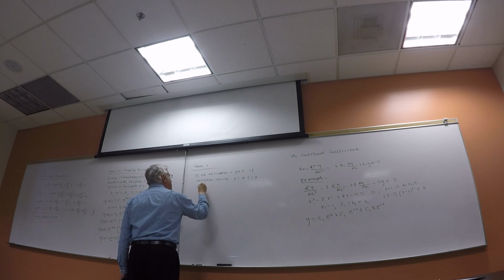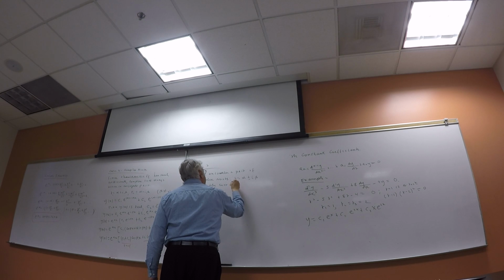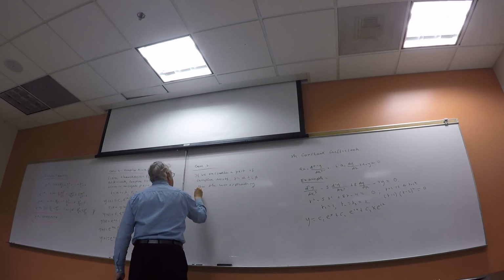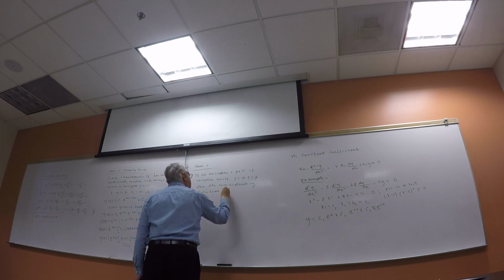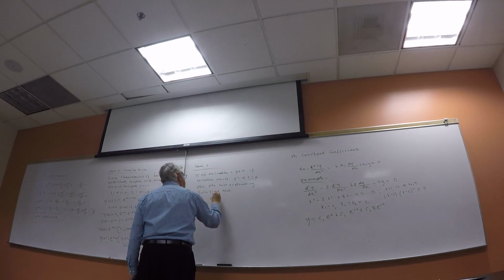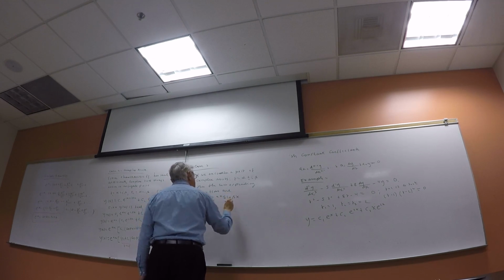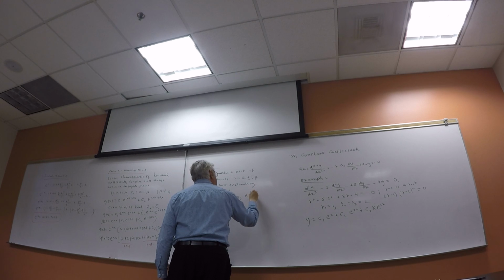Then the corresponding solutions of the homogeneous equation are e to the alpha x sine of beta x and e to the alpha x cosine beta x.